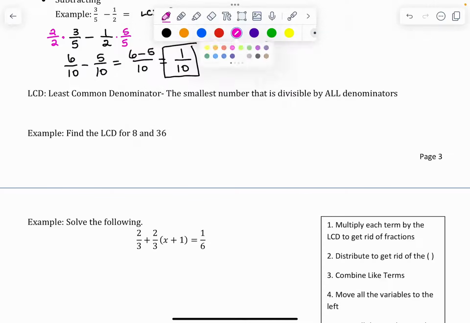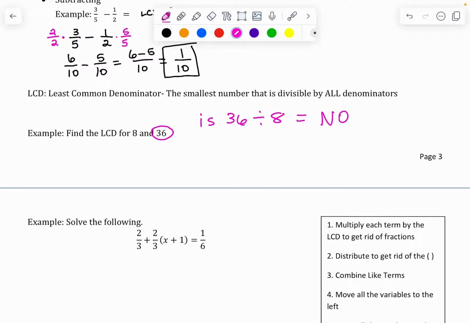So the way that I do this, I look at the biggest number and I check to see, is 36 divisible by 8? We know that 36 is not divisible by 8. So then we're going to take that 36 and we're going to multiply it by 2. So 36 times 2 gives us 72.